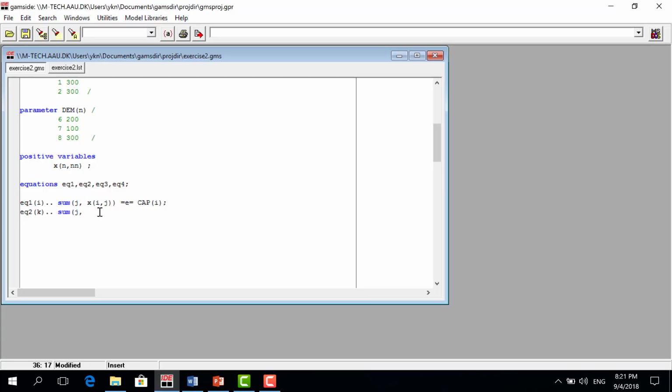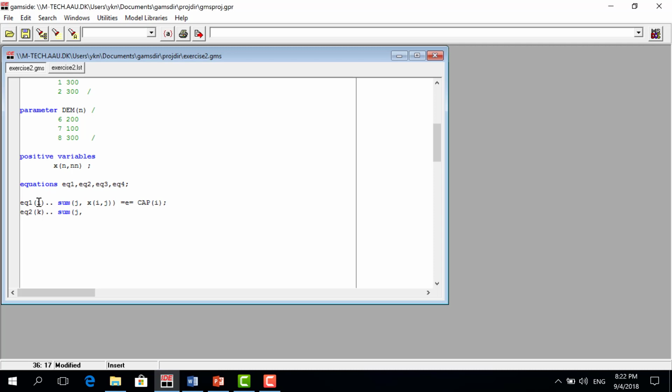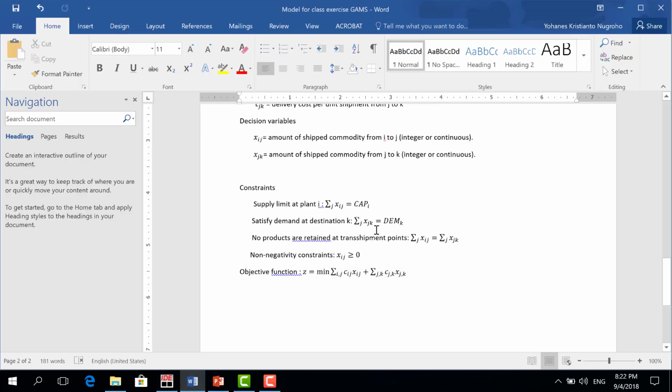Therefore, j has been defined in this equation, and now we should compute how much x, how much capacity or how much delivery from this supplier I to j should be available to meet the demand, and therefore we have here I. Similarly here we have xjk to satisfy demand at k.